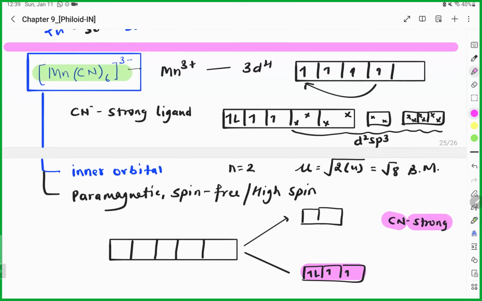The reason why mostly we see this is, for example, if you have a strong ligand in the case of cobalt. So how many electrons will be there in the cobalt? 6. Let's take this as 3d6. What will happen? First three unpaired, then three paired. So we don't see this situation.